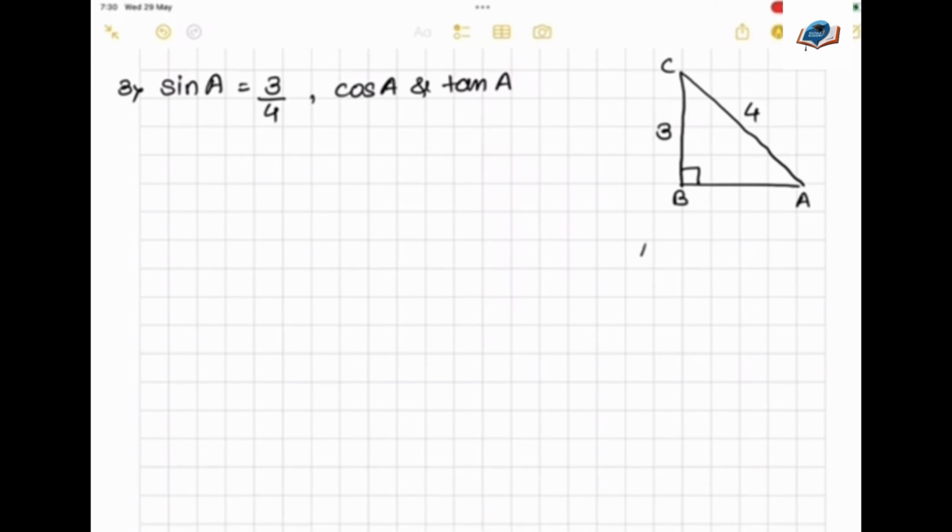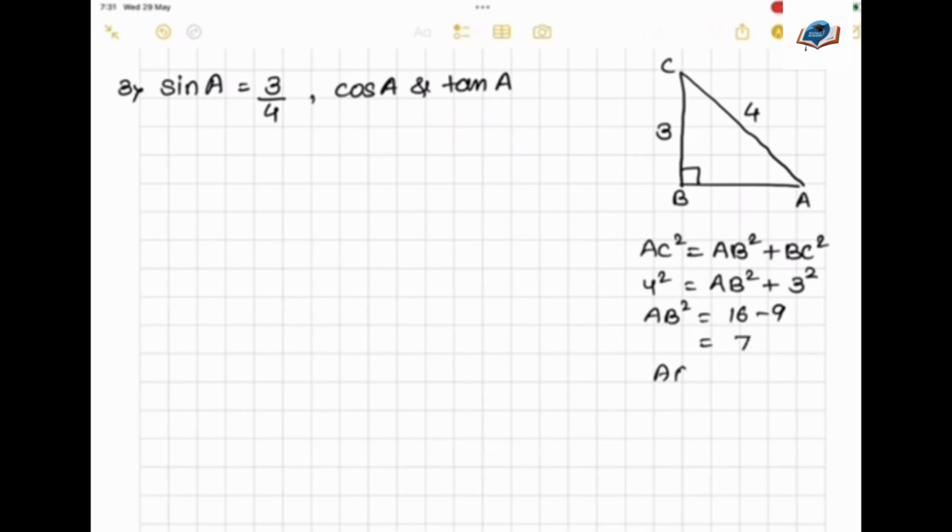So AC square will be equal to AB square plus BC square. So 4 square equal to AB square plus 3 square. So AB square will be 16 minus 9, that will be 7. So AB equal to root 7. So I got all the values.